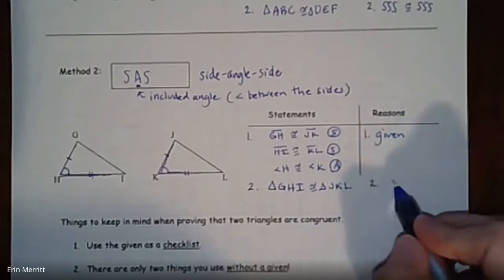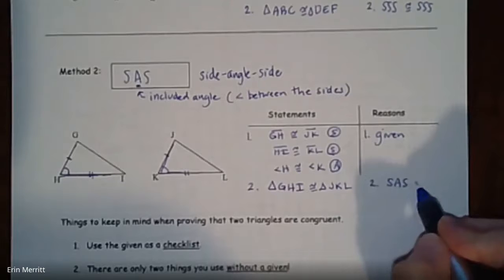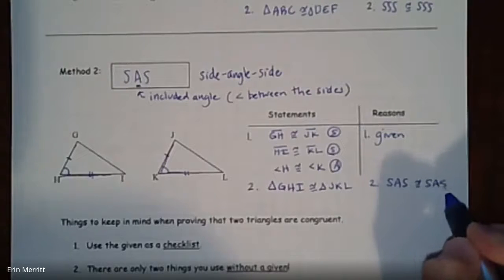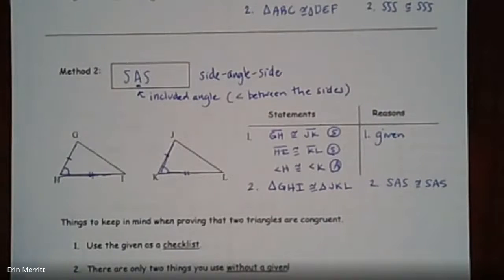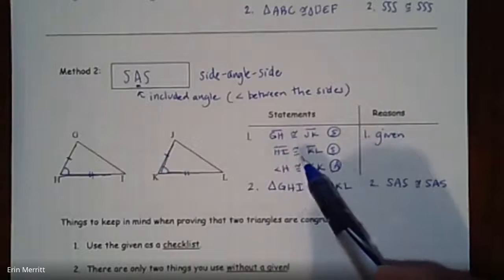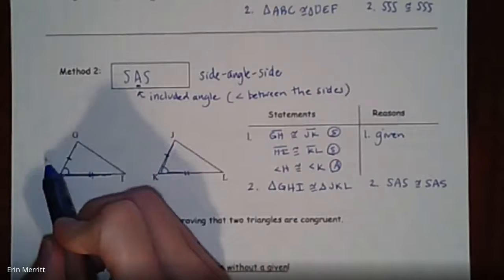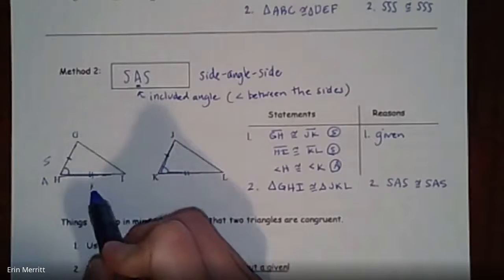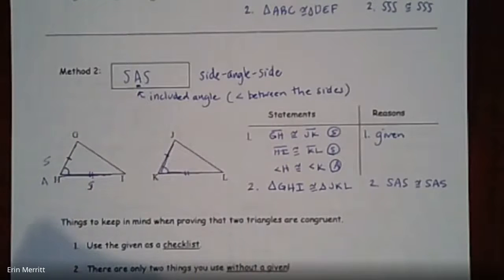Our reasoning would be side angle side of one triangle is congruent to side angle side of the other. Now, a couple of things. The order in which you say this over here in the proof doesn't actually matter. What matters is the order that it shows up in the diagram. So if it's side angle side in the figure, that's what actually matters.